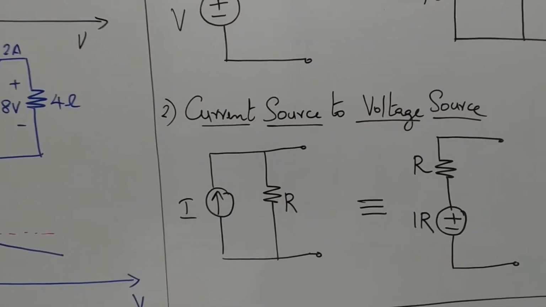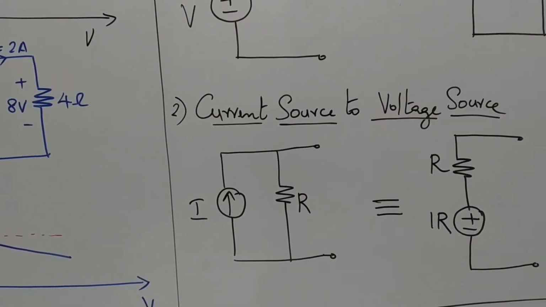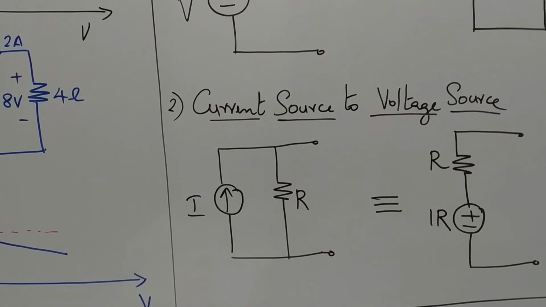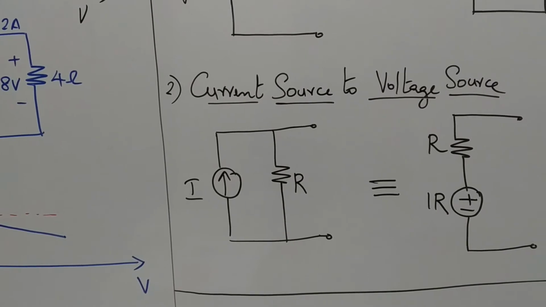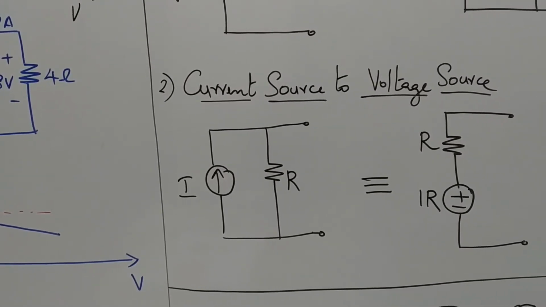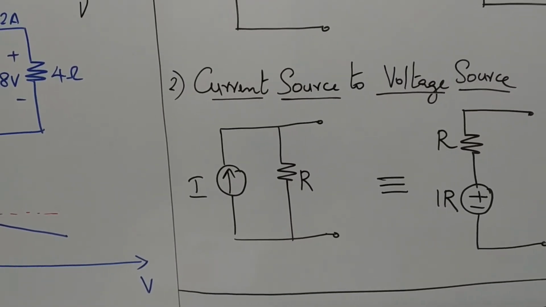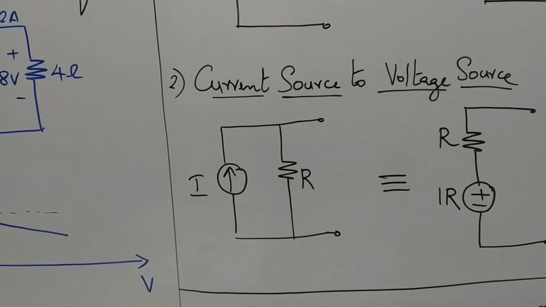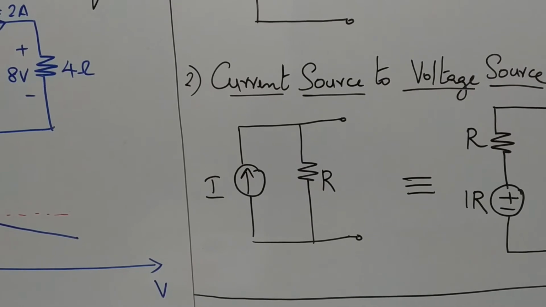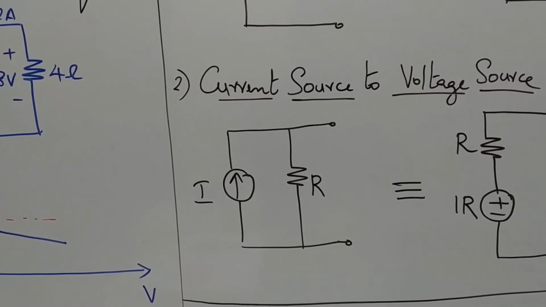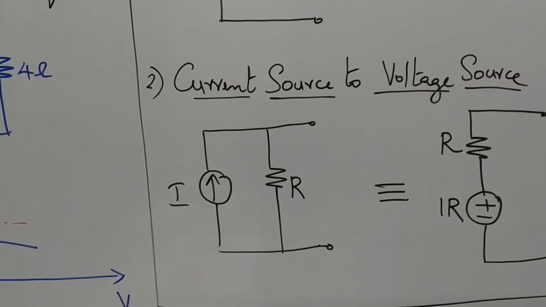Now next is how to convert current source to voltage source, the reverse process. Suppose we have a current source of value I connected in parallel with resistance R. You can convert it to an equivalent voltage source in series with the same resistance, and the value of voltage source will be I into R. Suppose we have a current source of value say 2 ampere and a resistance 4 ohm, then it will be equivalent to 8 volt in series with 4 ohm.